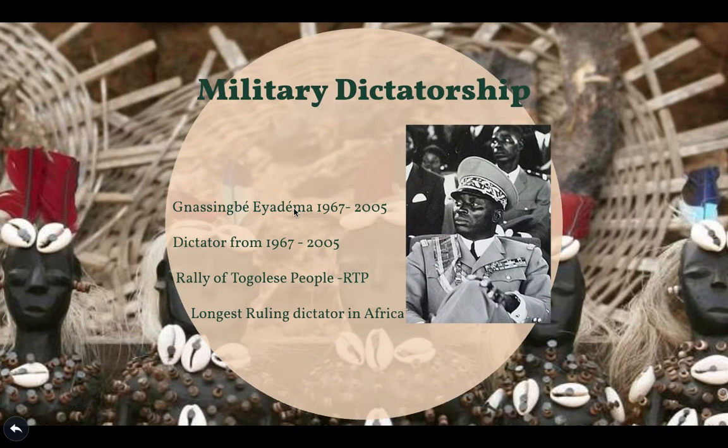The military dictatorship is designed and led by this famous political leader for the past 4 decades of Togo, Gnassingbé Eyadéma. From 1967 to 2005, for 38 years, he is considered one of the longest reigning dictators in the world and in Africa.